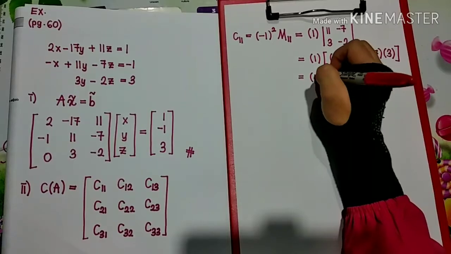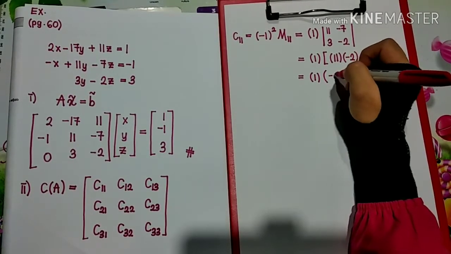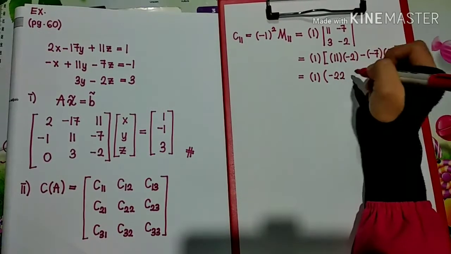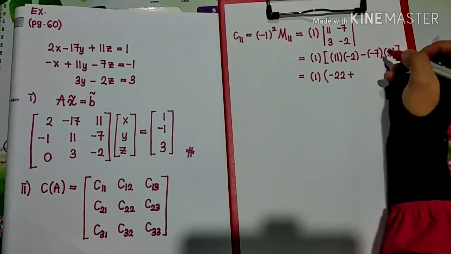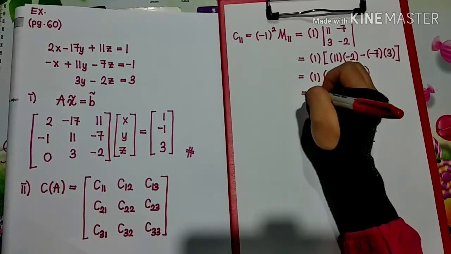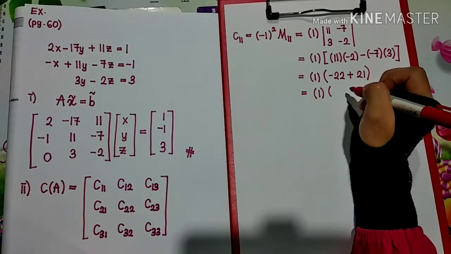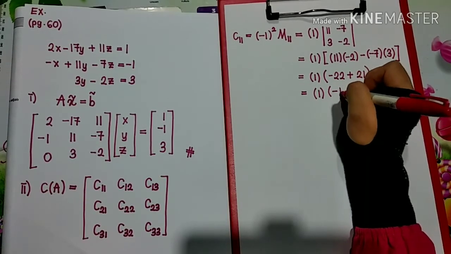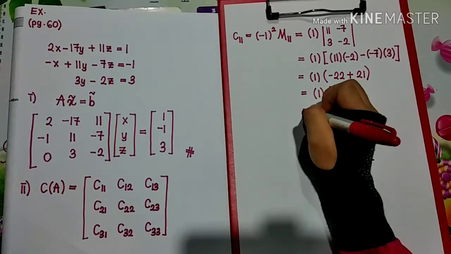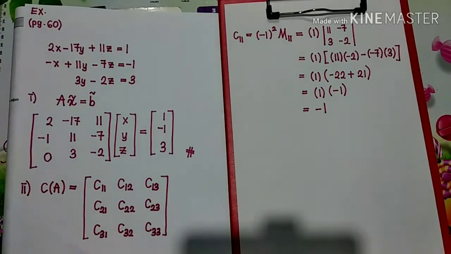So 11 multiplied by negative 2 is negative 22, plus 7 multiplied by 3 is 21. So negative 22 plus 21 is negative 1. So 1 multiplied by negative 1 gives negative 1.